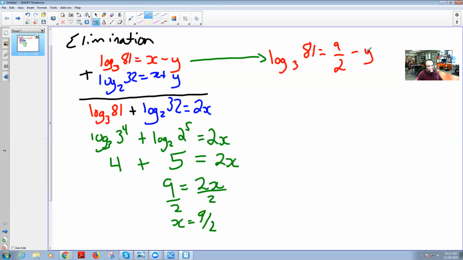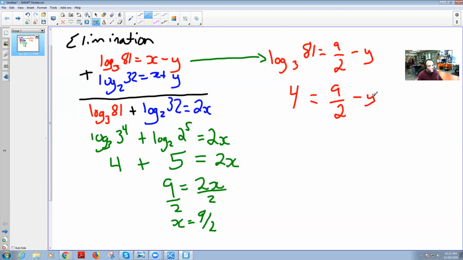Of course, you need to isolate y. We said this was 4 earlier because log base 3 of 3 to the 4 makes 4. Okay, and then we get 4 equals 9 over 2 minus y.